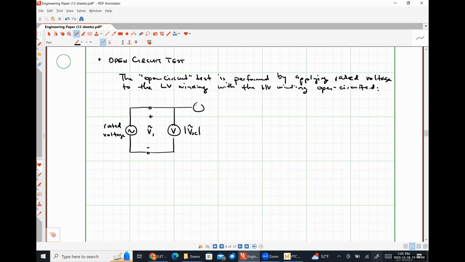We are going to be measuring the open circuit current with an ammeter. And then we are also going to measure the average power with a wattmeter. This thing right here represents our wattmeter, and it's used to measure the open circuit power.